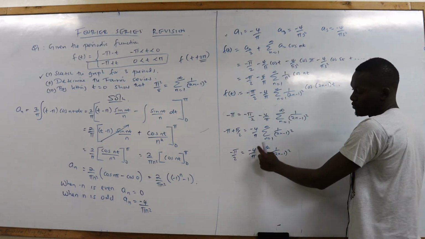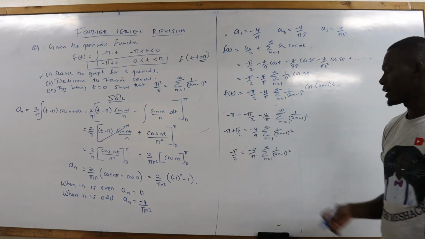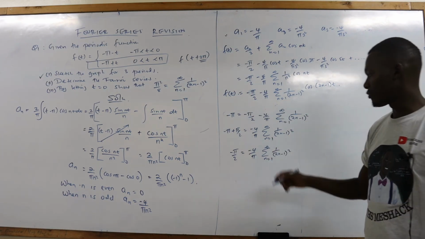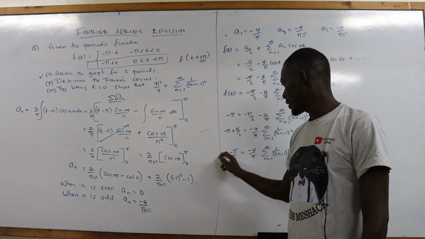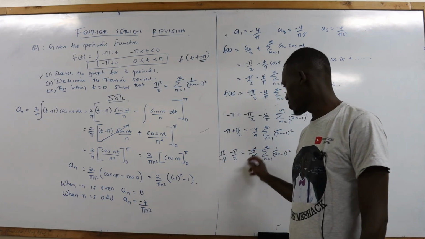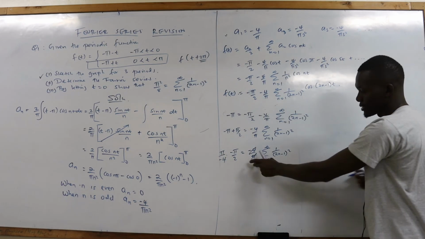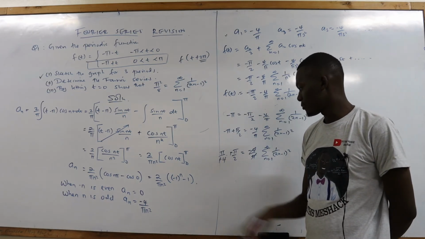Now I want to remove negative 4 over pi. So what do I do? I multiply both sides by pi over negative 4. I multiply by pi over negative 4 on this side, and I multiply by pi over negative 4 on the other side, for me to remove that. Now negative and negative gives me positive.